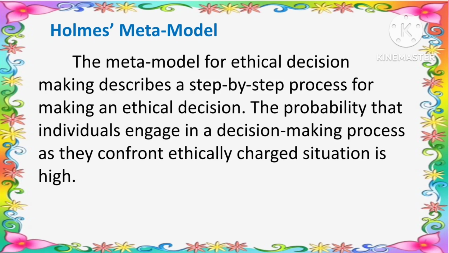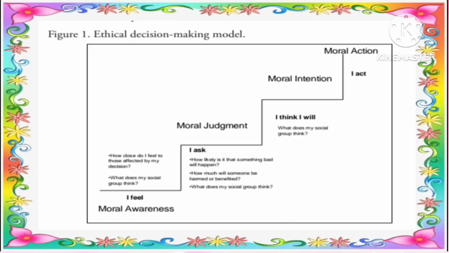When we face a morally charged situation, we are engaged in an ethical decision-making process to resolve the ethical dilemma. With Holmes's meta model, we will learn what we are going to do to have a good ethical decision, as the ability to work through and resolve ethical dilemmas is an important skill for any professional. This is the ethical decision-making model, the Holmes meta model. Let's discuss this one by one.